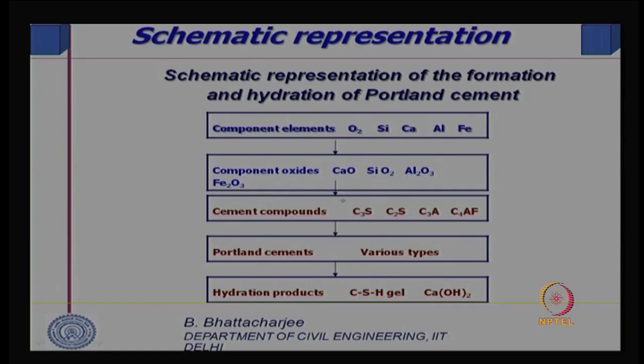Then from the oxides follow the compounds of cement, and they are C3S, C2S, C3A, C4AF. All this combination gives us Portland cements of various types, and when hydration occurs in presence of water, it gives us two products, CSH gel and calcium hydroxide. So far we have not looked into this.